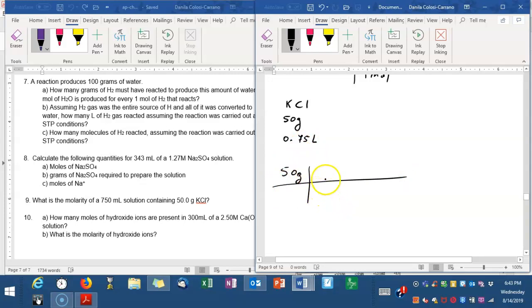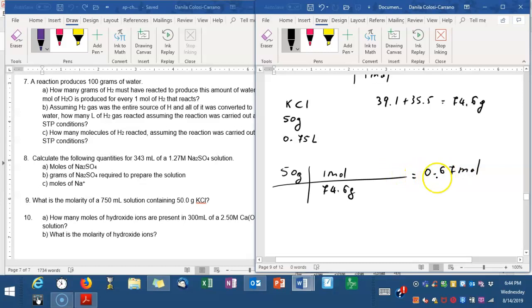So 1 mole of this is made of potassium, 39.1, plus 35.5, 74.6 grams. So 74.6 grams imply that you have, reverse that one times 50, you have a 0.67.